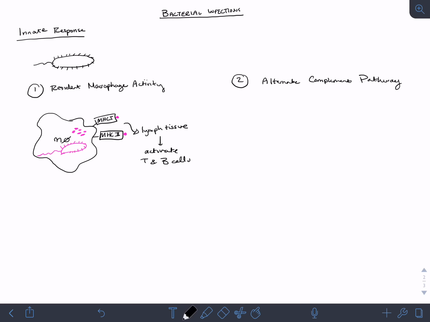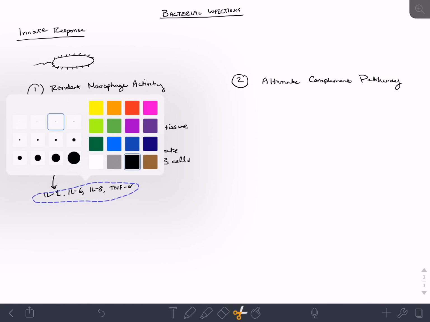But before this macrophage leaves through your lymphatic vessels, it's going to release a few cytokines. The cytokines that it's going to release are IL-1, IL-6, IL-8, and TNF-alpha. These are important to remember because they are going to be important for step 3 and step 4, which we'll get to after this.